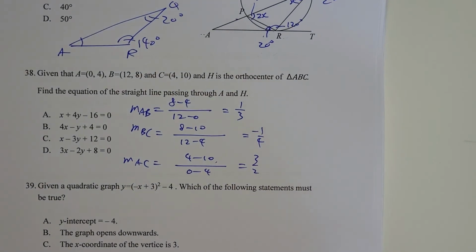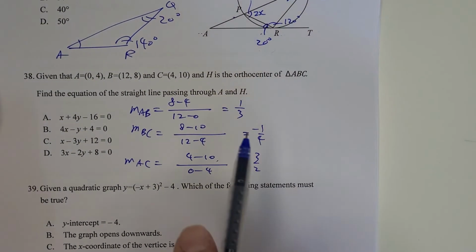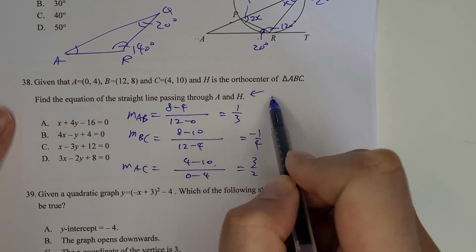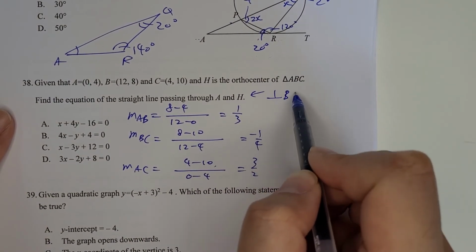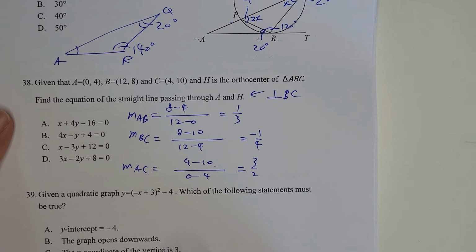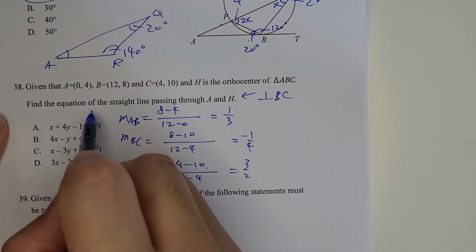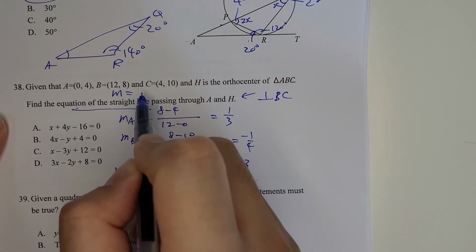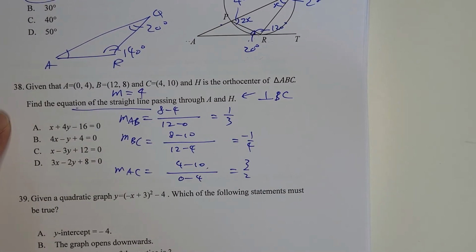If we want to find the equation of the straight line passing through A and H, that means passing through A and at the same time perpendicular to BC. So the slope of this straight line would be positive 4, because the slope of BC is negative 1/4.